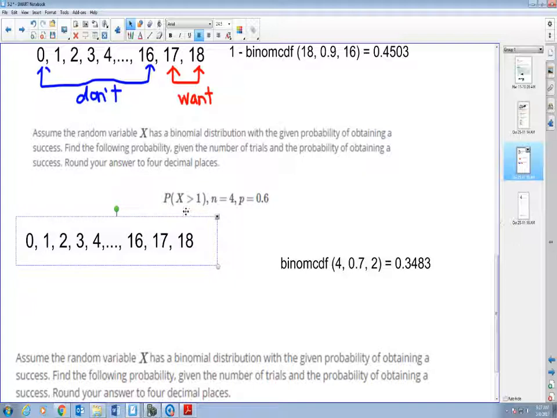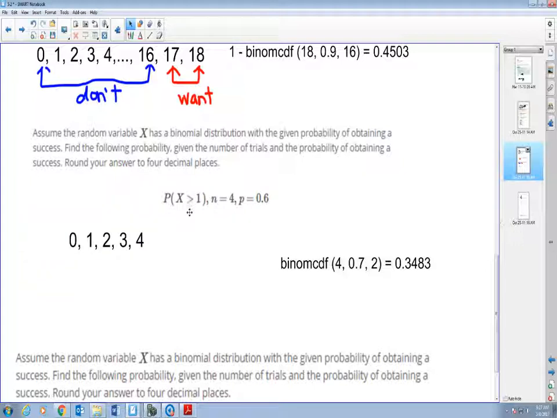So this one, the number of trials is only up to 4. And the problem wants greater than 1. Greater than 1 does not include 1. So what I want, again, is 2 or 3 or 4. So 0 and 1 is what I don't want.